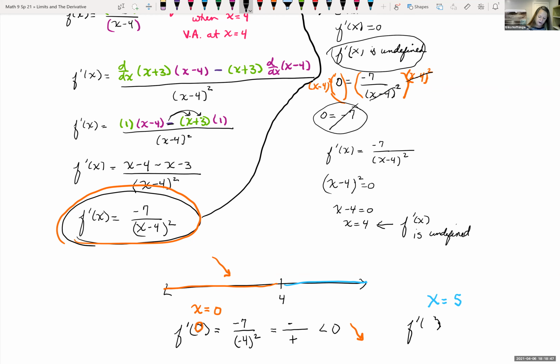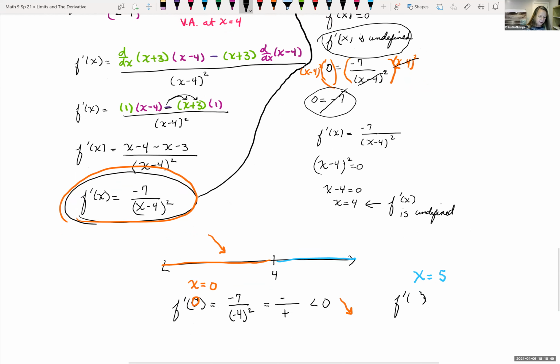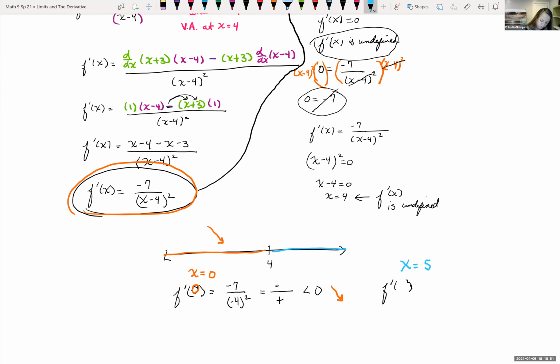Again, we're only worried if it's positive or negative. Well, if I plug that into my numerator, there's no x there, so this is -7 all over my denominator, 5 minus 4 quantity squared.